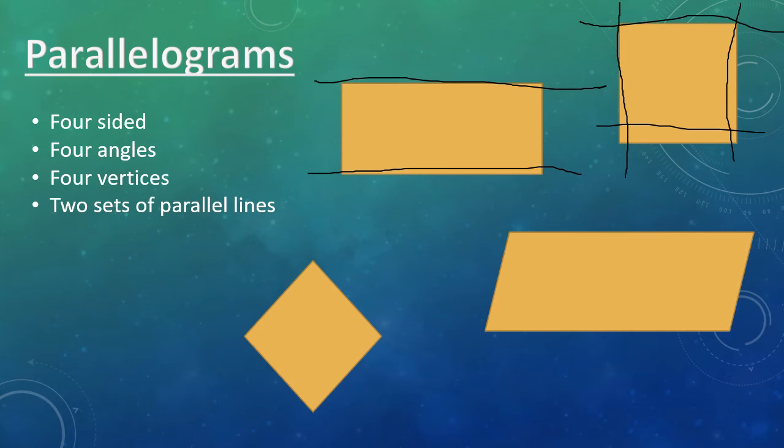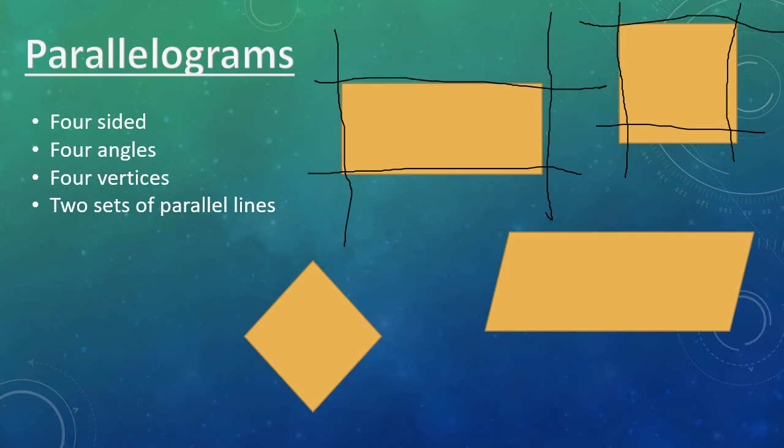They have 1 pair and 2 pairs. So when you're searching for parallel lines, they come in a pair, okay? Just like a pair of socks, just like a pair of shoes. You need to have 2 lines to have a set of parallel lines.